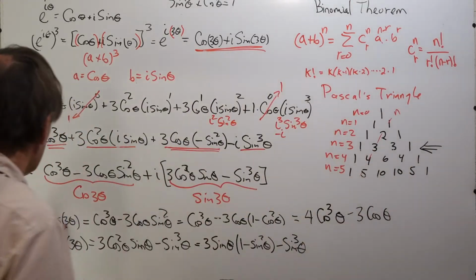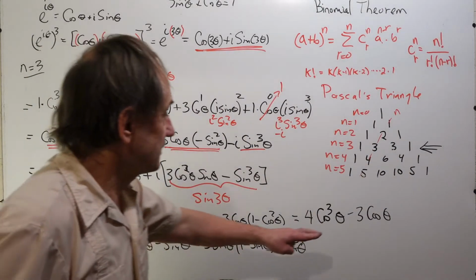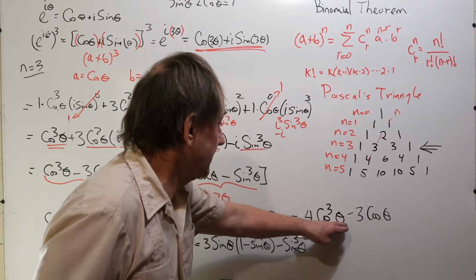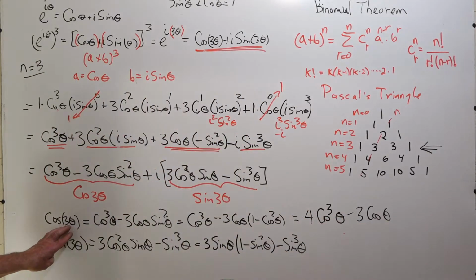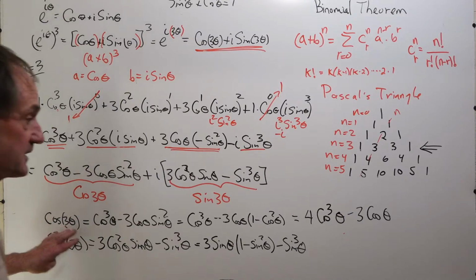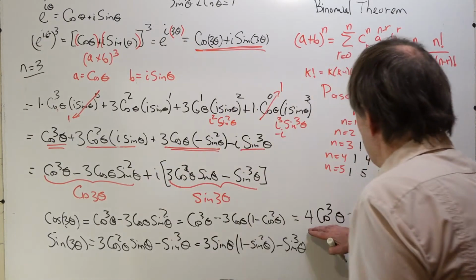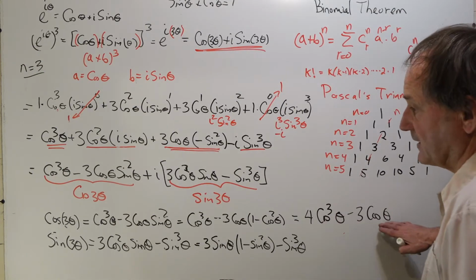So now we have the cosine of 3 theta in terms of cosines of theta. So we have a triple angle formula here, that 3 times the angle theta on the left side, and we have it expressed in terms of single thetas on the right side.